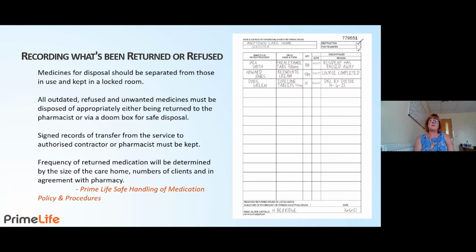Signed records of transfer from the service to the authorised contractor or pharmacist must be kept. The frequency of return medication will be determined by the size of the care home, number of clients, and an agreement with the pharmacy. If you have any queries about that, please refer to the PrimeLife Safe Handling of Medication Policies and Procedures.